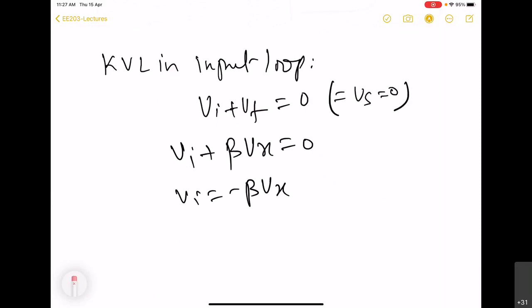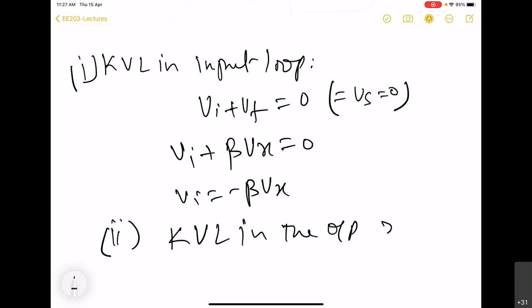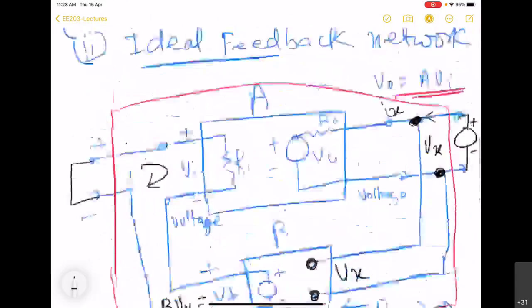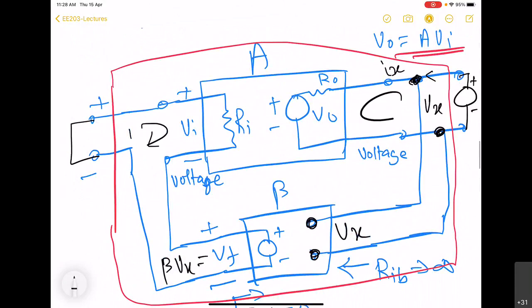Now, this is the first equation. We will apply KVL in the output loop. So we now need to apply KVL in this loop 2. Here we can see that this beta network has no effect, because input impedance is infinite and it is connected in shunt.